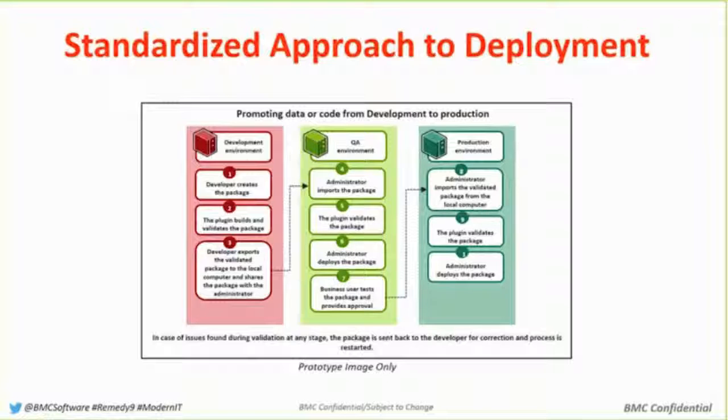So if they're not, we want to make it possible for the skilled developer in the development environment to pull his changes, have a plugin that validates that all the dependencies are there, that I've got everything I needed, and export that in one chunk that I can then pass to someone who simply runs a very simple process, imports the package, it's revalidated, and he deploys it, without having to have a lot of expertise in the product.